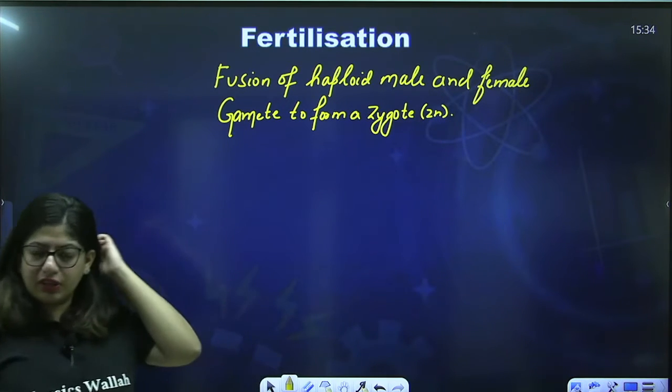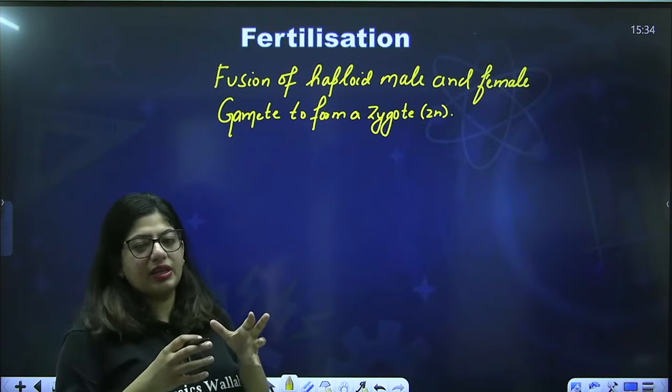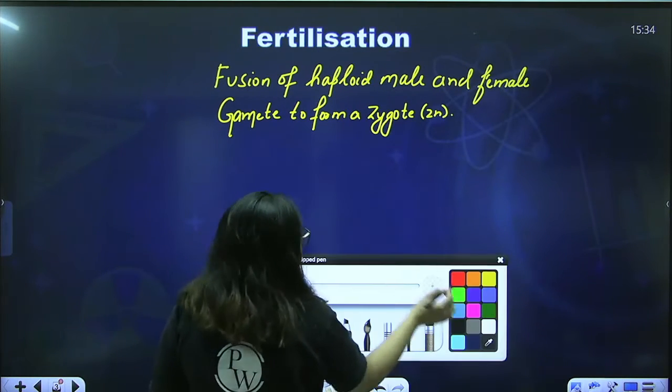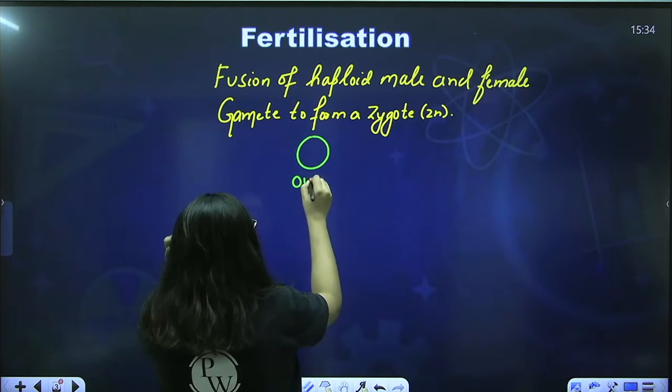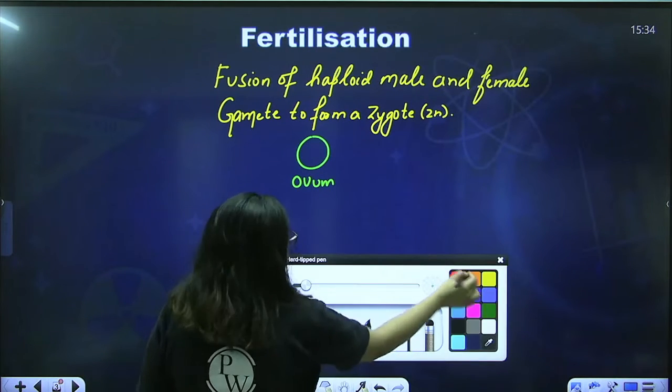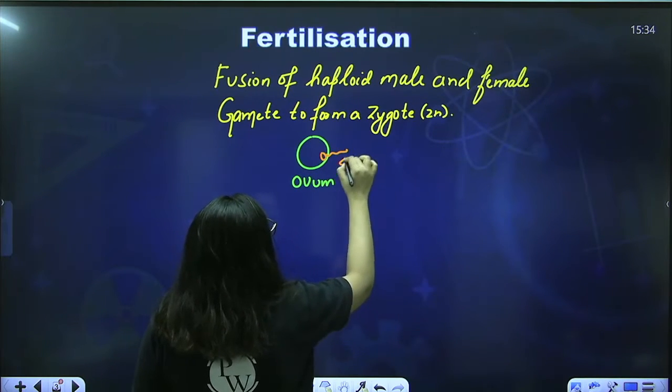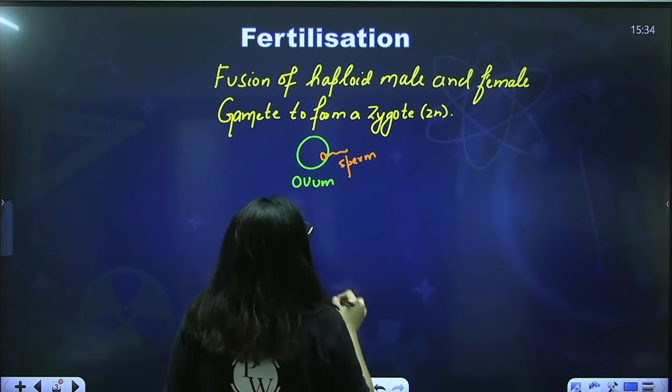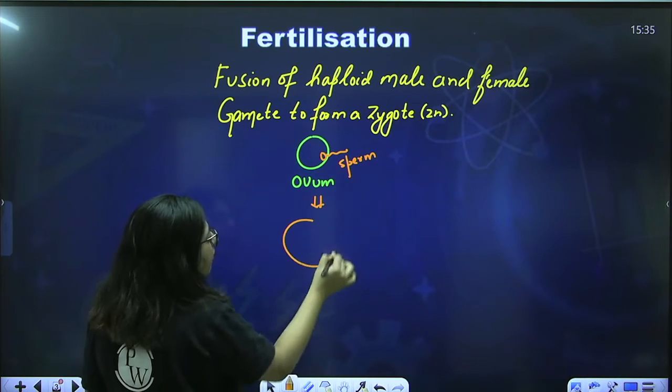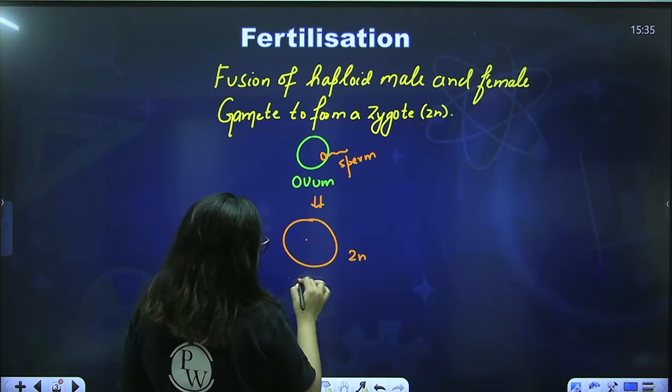So this is the definition of fertilization. What are these two gametes? This is the ovum or egg and this is the sperm. So the sperm is fertilizing the ovum, and later on what will it become? It will become a 2N zygote.